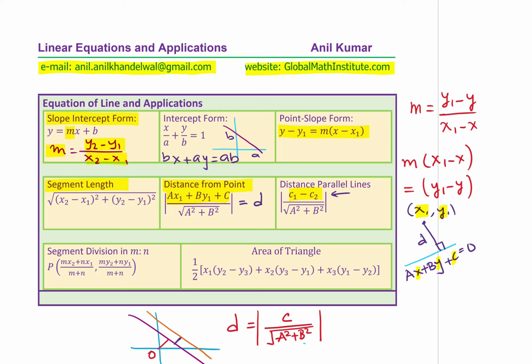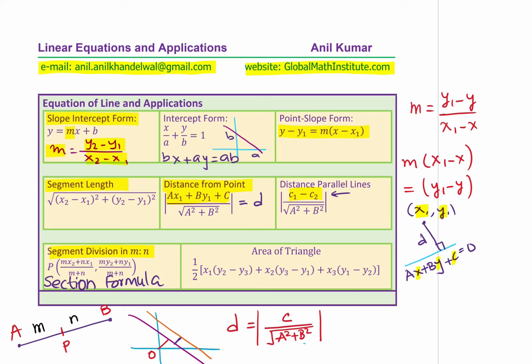Now, there is a very important formula based on the segment being divided in a ratio of m is to n. We also call this formula the section formula. So if you're dividing a segment in the ratio of m is to n, that is to say, if I have this particular segment, let's call this point A, this point B, and let's take a point in between, let's say P, and we are dividing this in the ratio of m is to n.